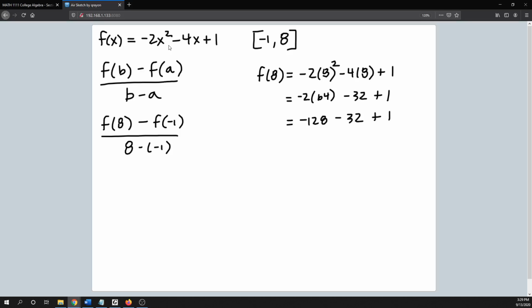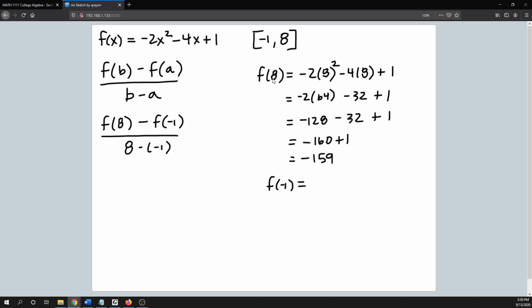So that is minus 160 plus 1. And so that is negative 159. All right, so that is f of 8.